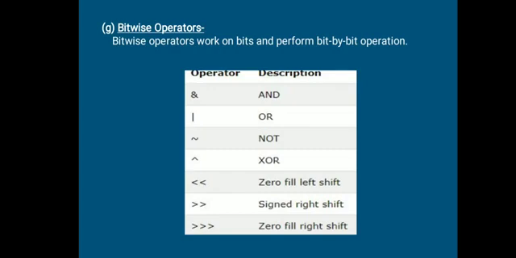And logical OR returns true if any one of the expressions is true. And logical NOT returns true if the expression is false. That is, not of false is true. Likewise, here also, we can apply these on the bits. Here you can see bitwise AND, bitwise OR, bitwise NOT, XOR, left shift, right shift.